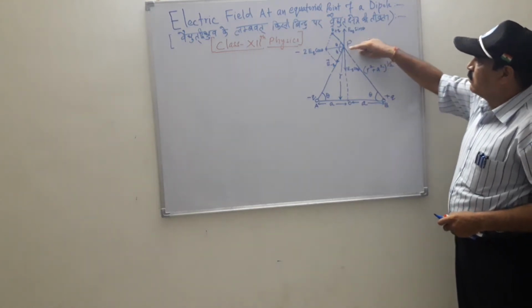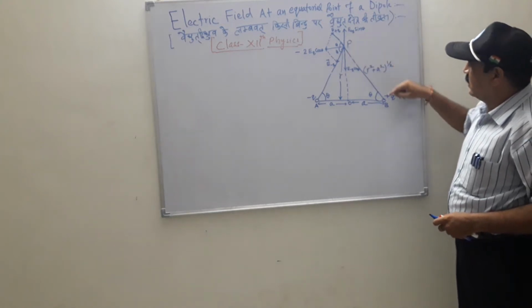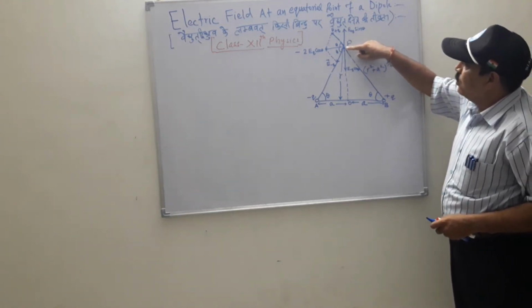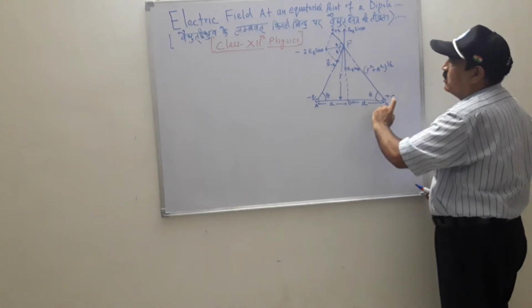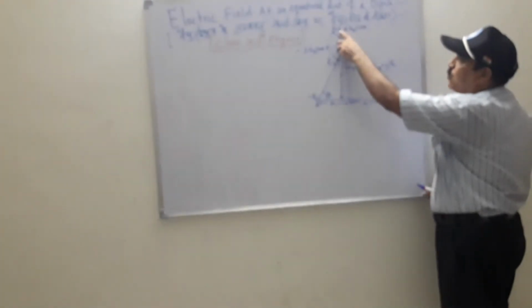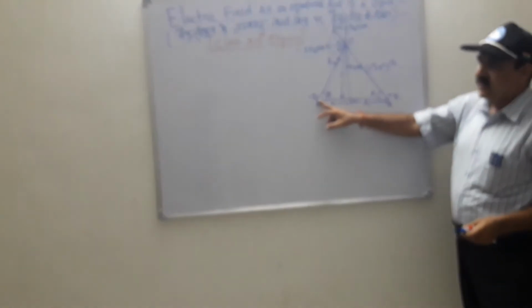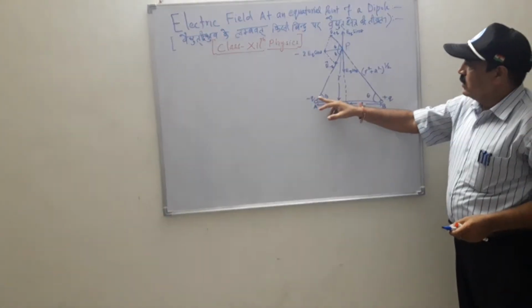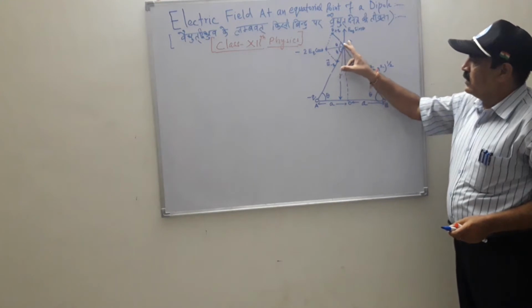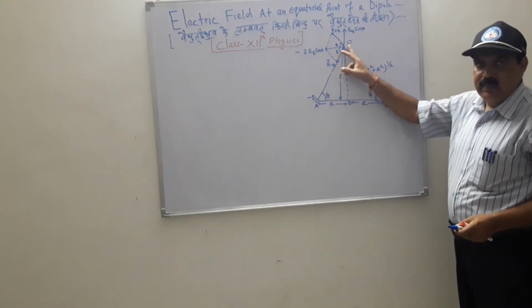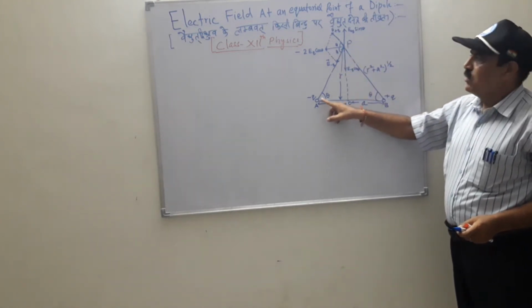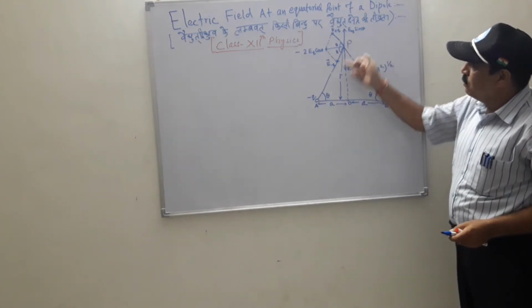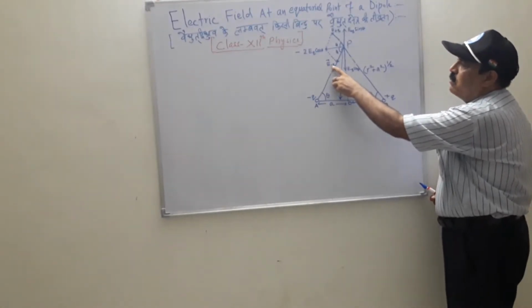Hence the electric field at point P is in the direction BP, going outward, and suppose the electric field due to this charge is E plus Q. This is the negative charge, and it will attract the unit positive test charge. Hence the electric field at P due to the negative charge will be along PA, and it may be denoted as E minus Q.